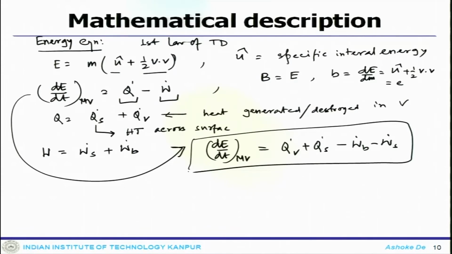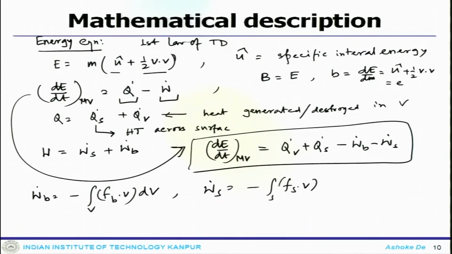Now, you can use the definition of the work done. I can estimate W B as the work done due to body forces and W S as the work done due to the surface forces.